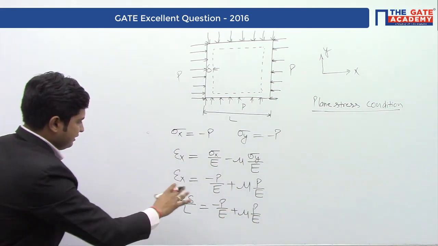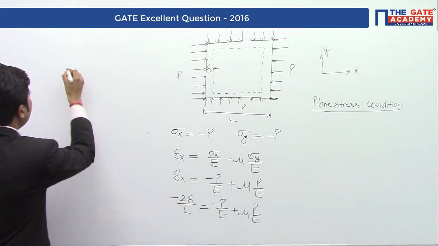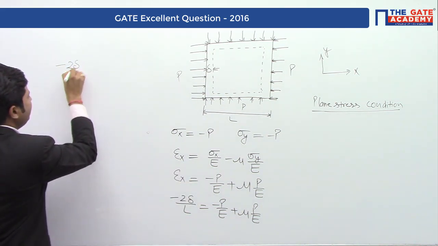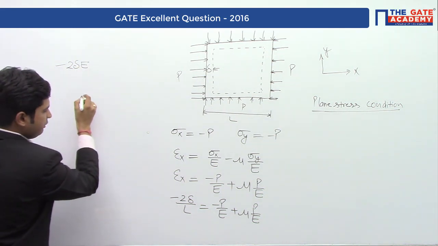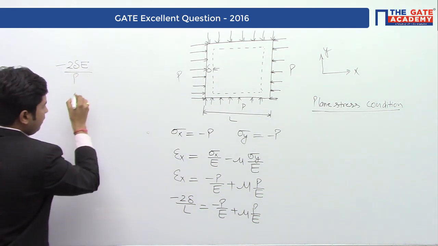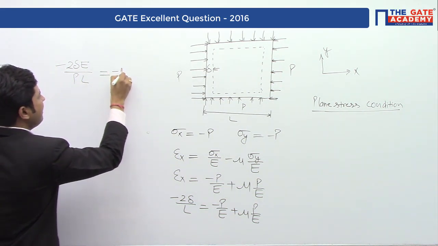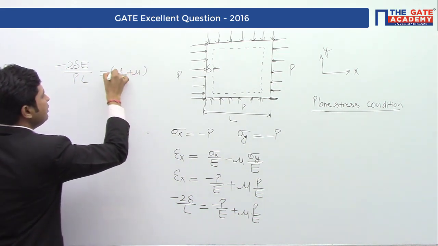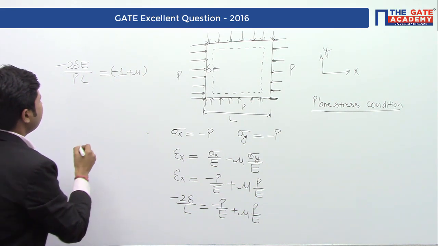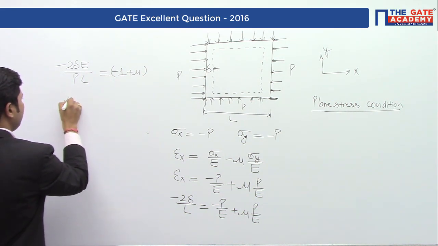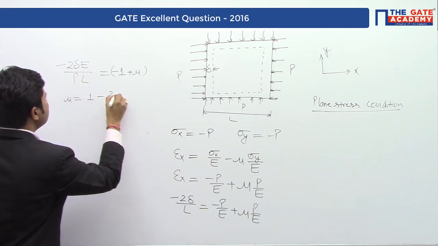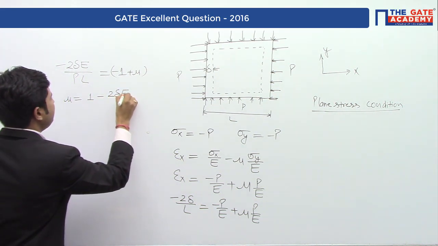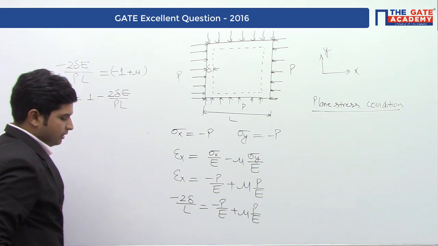So let's arrange this. Minus 2 delta into E divided by PL equals minus 1 plus mu. Okay, so mu is given by mu equals 1 minus 2 delta E divided by PL.